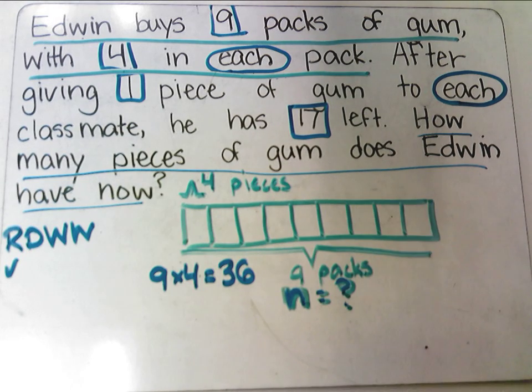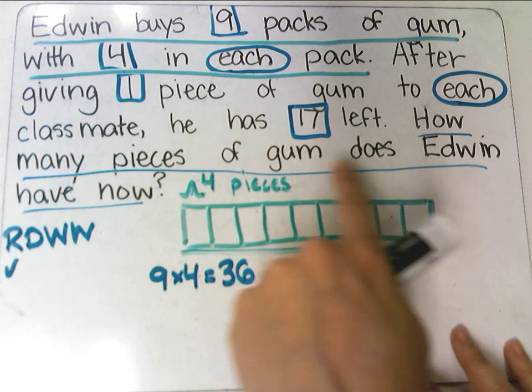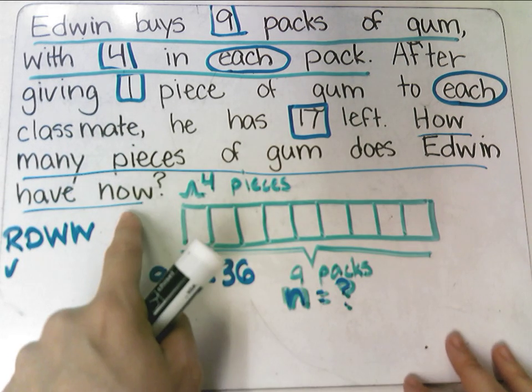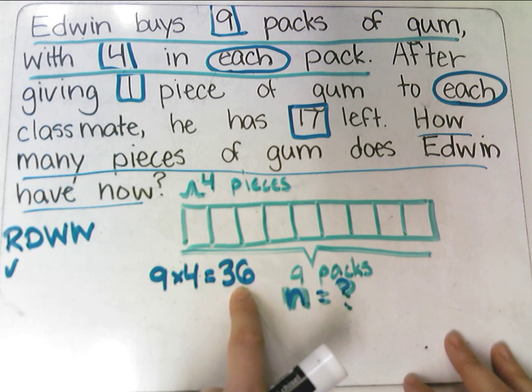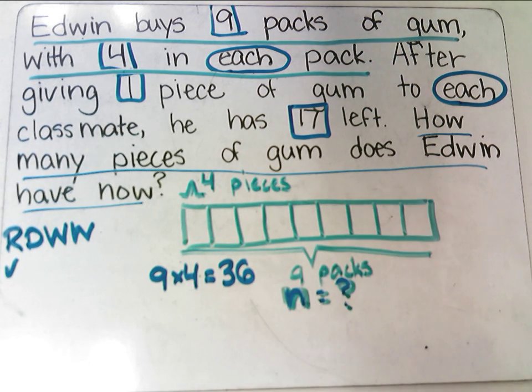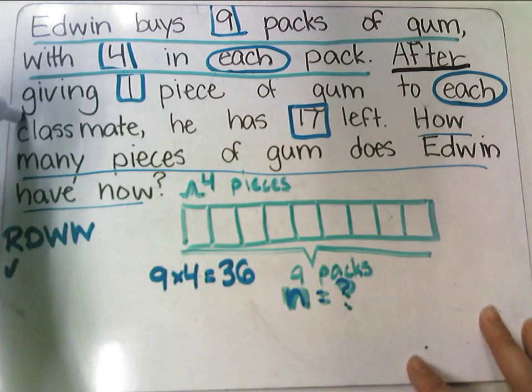But here's the kicker. We're not done yet. I want you to think, if this is telling us how many pieces of gum Edwin has now, why doesn't 36 tell us how many pieces of gum Edwin has now? Well, we haven't finished our word problem. This is a 2-step word problem.